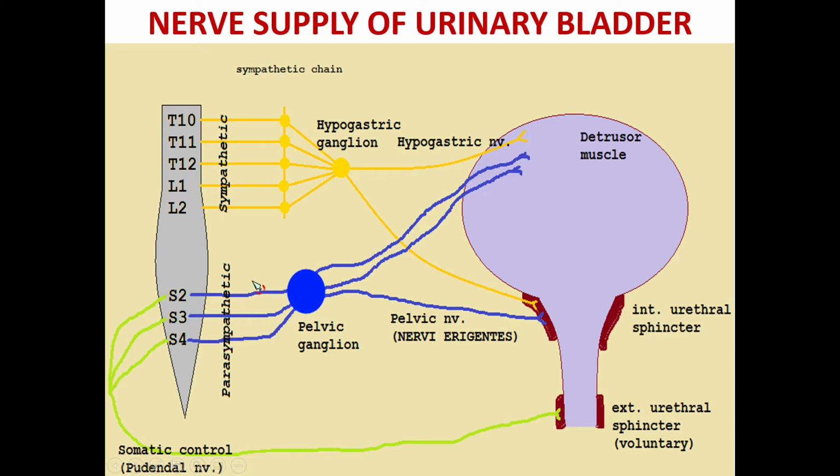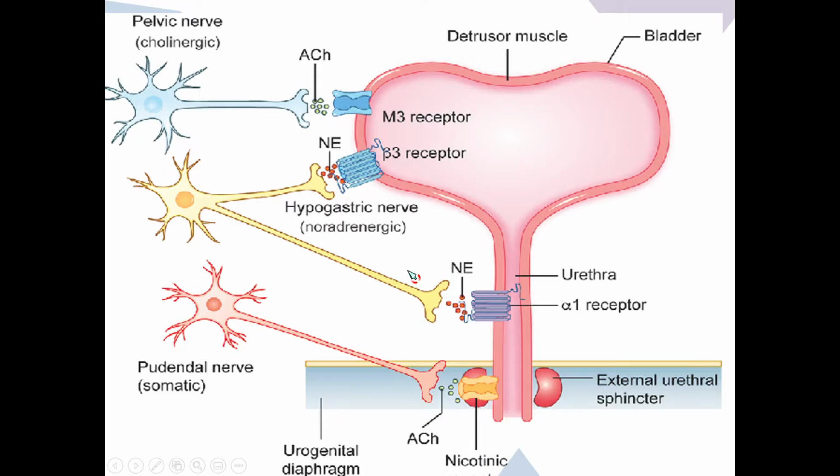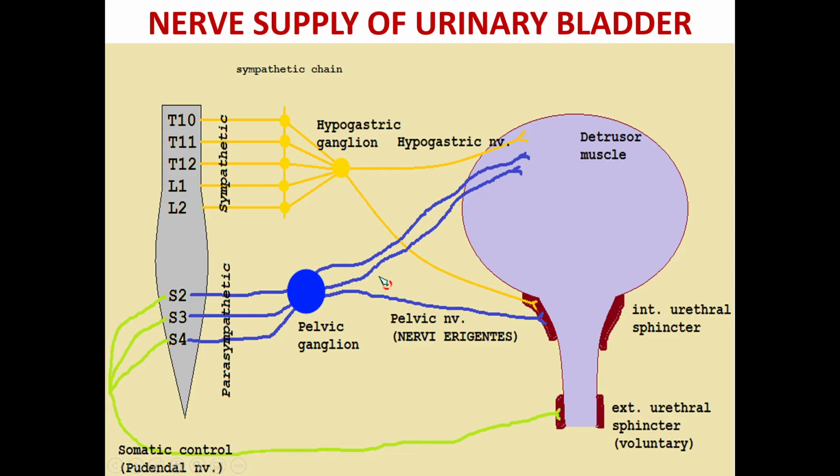And then we have the parasympathetic. The parasympathetic works against the sympathetic, opposite to it. It is concerned with the emptying of the bladder. It is also known as the motor supply of the urinary bladder. These originate from S2, S3, S4, sacral 2, 3, 4.